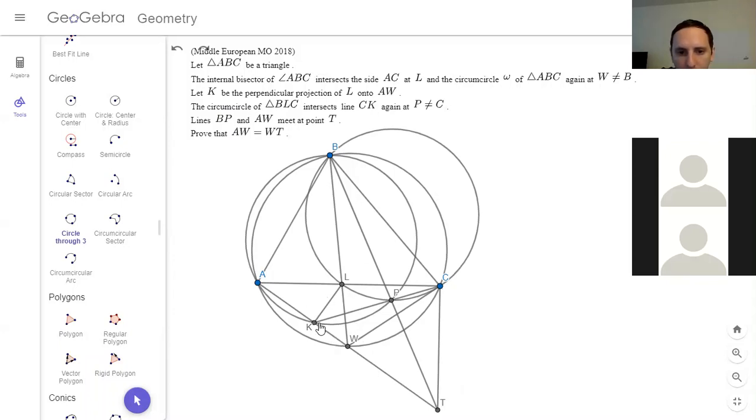Hold on just a sec. Yeah, I don't think it should be a large. So we want to show KLCT is cyclic, which means we want to show TLW is similar to TBW.